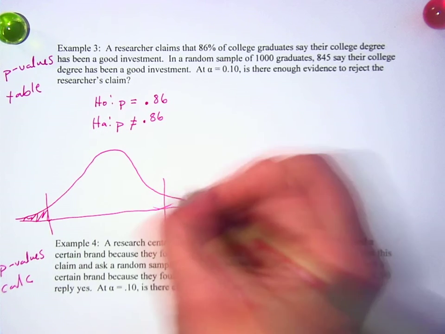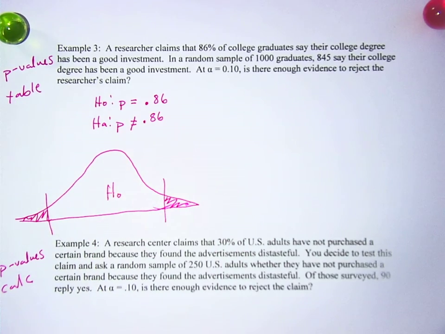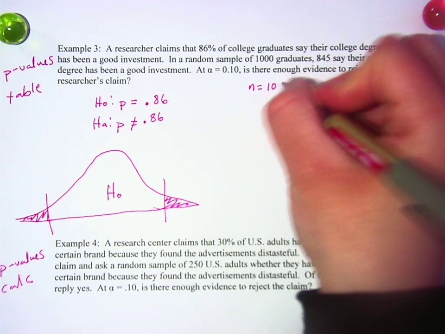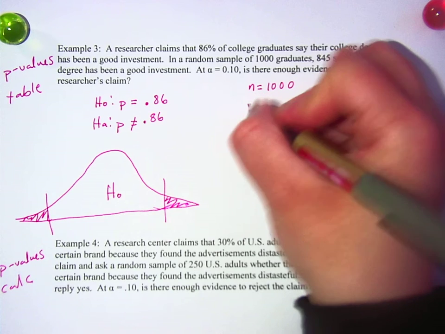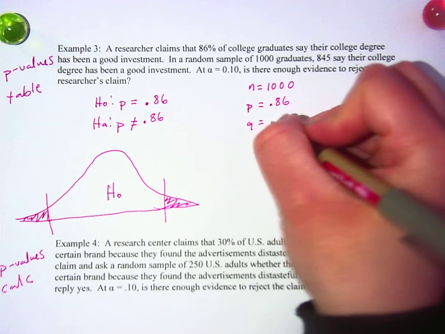These bell curves I'm drawing are getting more and more pathetic. We're going to use a table. So again, that's A16. Okay. I'm going to write down all of my data. N is 1,000. P is 0.86, which means Q is 0.14.